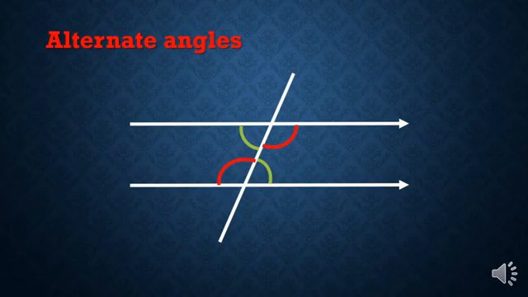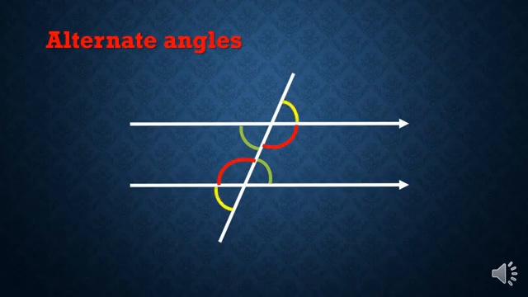The two red ones are also alternating pairs on either side of the transversal and between the parallel lines. These pairs of angles are called internal alternating angles.